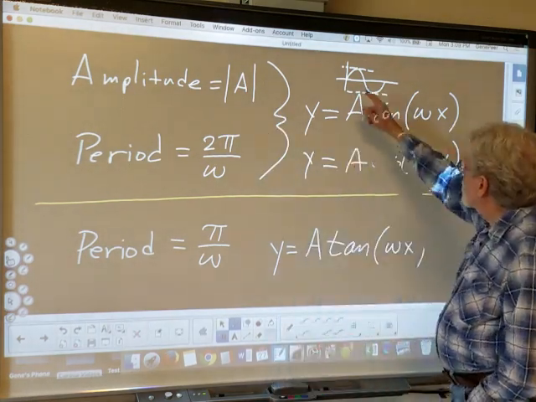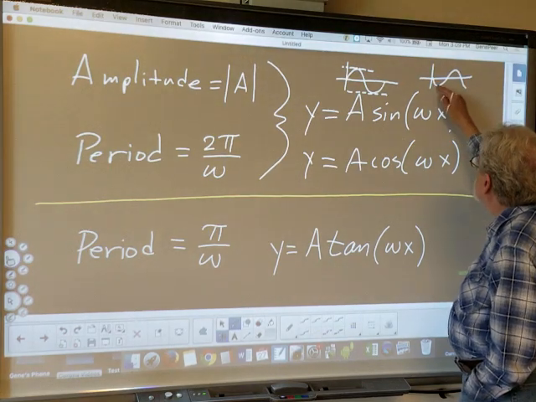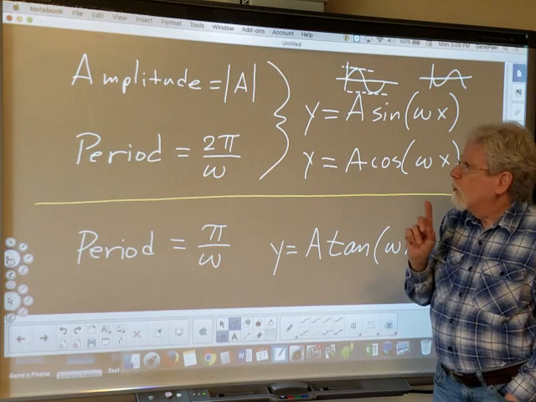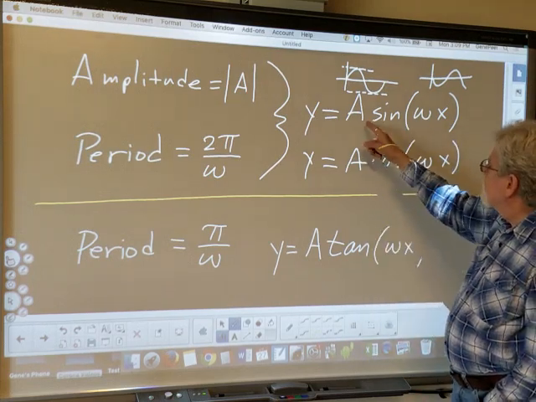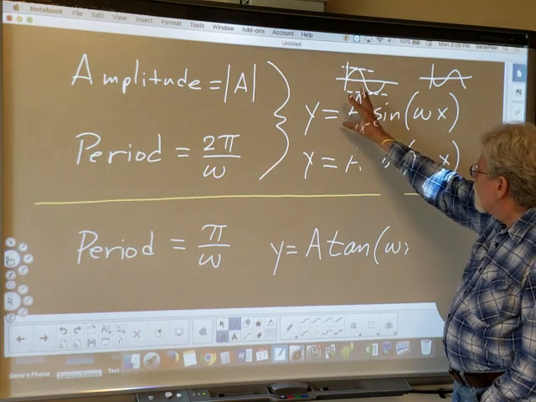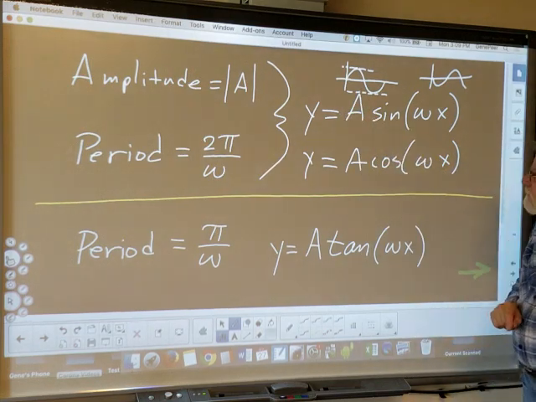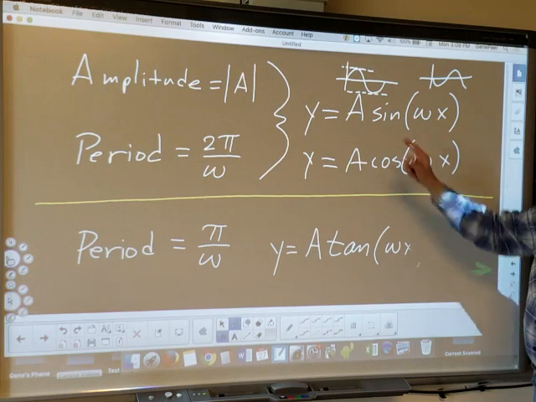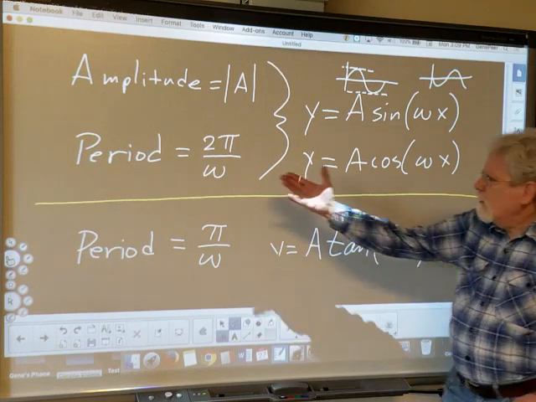So whether it looks like this, or whether it's upside down and looks like that, it doesn't matter. The amplitude is still 1. So the amplitude is the coefficient of the whole thing, the number that sits in front of the sine function. If it's negative, make it positive. We take absolute value. What's the period?